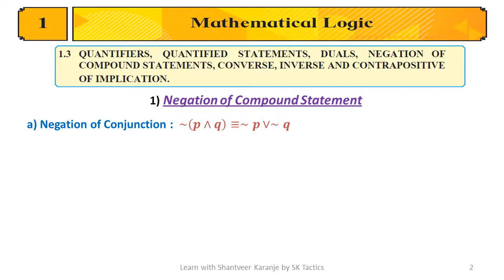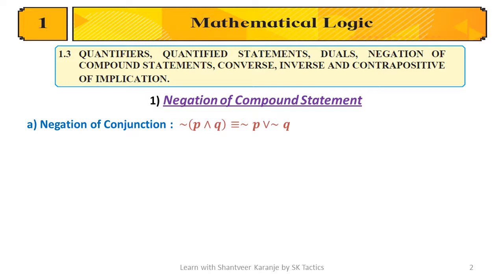Negation of conjunction is: negation of (P and Q) is equivalent to negation of P or negation of Q. The negation sign is spread over the bracket and it reverts the 'and' sign into 'or', like duals, but it is not exactly duals.